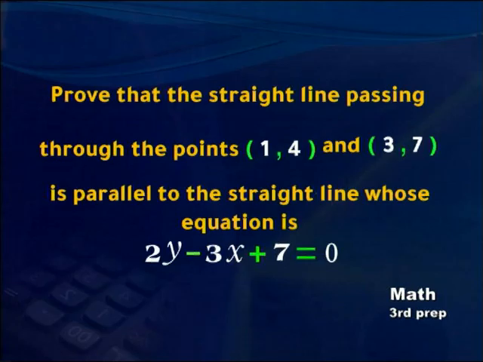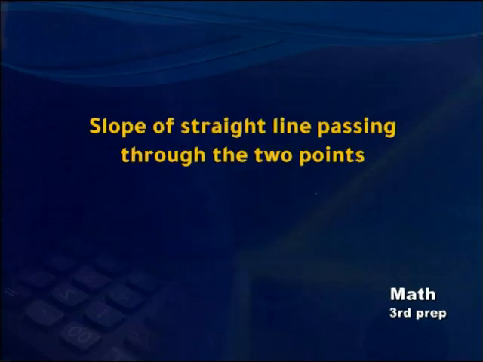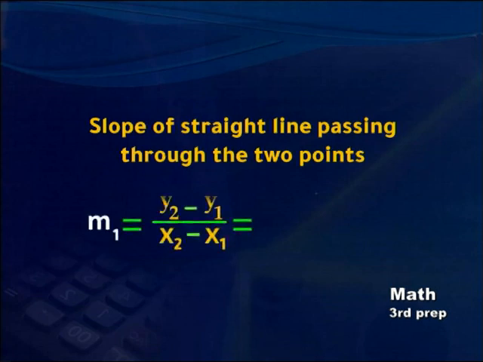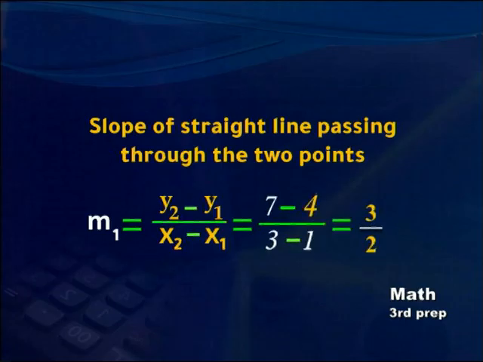So at the very beginning, you must find the slope of each of these two straight lines. The slope of the straight line passing through the 2 points will be denoted by m1. So it is y2 minus y1 over x2 minus x1. Then it is 7 minus 4 over 3 minus 1, to obtain a result of 3 over 2.